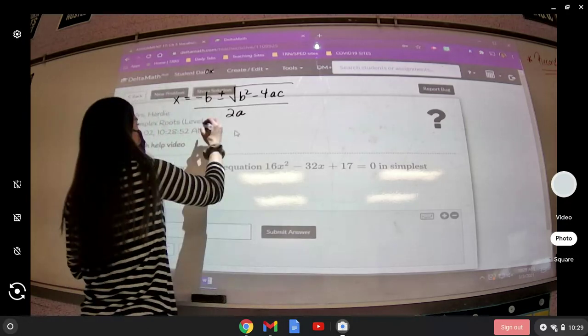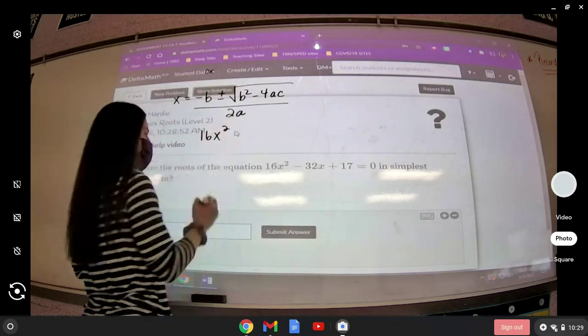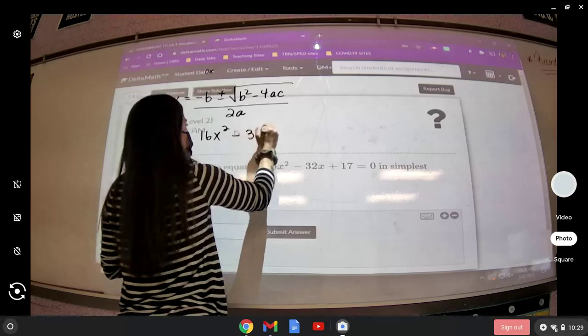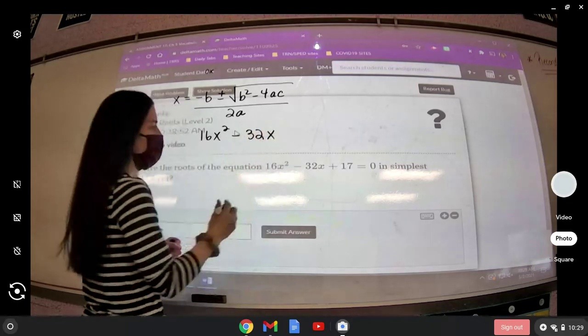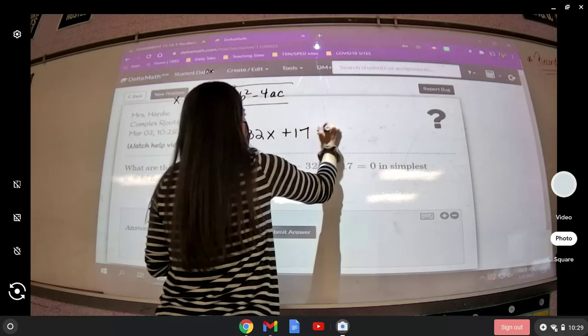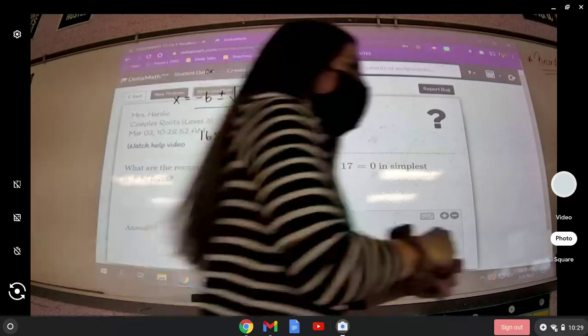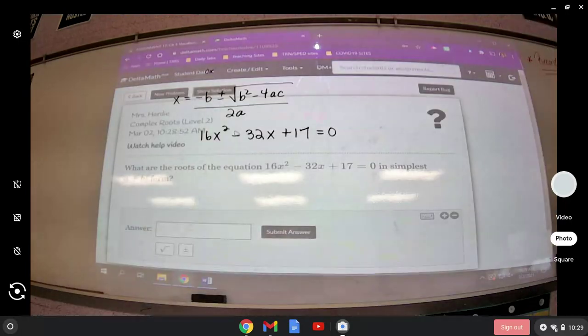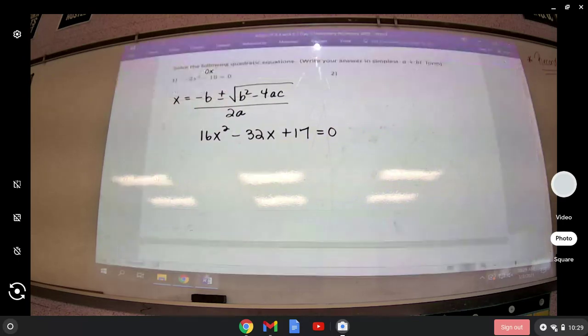All right, 16x squared minus 32x plus 17 equals 0. Let's try that one now. All right, so here we go.